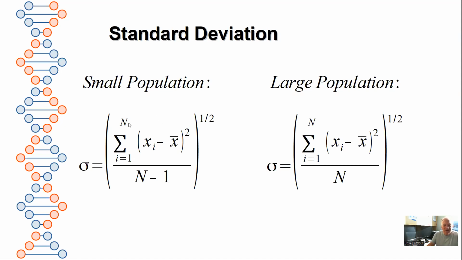So there's n students. And then for a small population, we divide by n minus 1 and then take the square root. For large populations, it actually becomes the average of this, right? So we take your test score minus the average, square it, and add up all of these for all of the students, and then divide by the number of students.